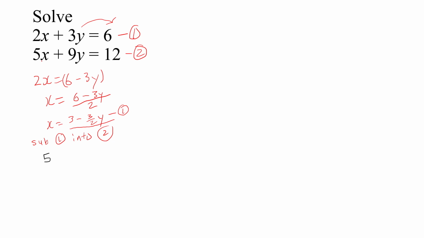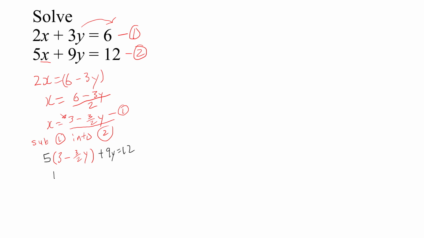So instead of writing x here, I write the equivalent. So remember to bracket 3 minus 3 over 2y. Then the rest of the second equation, I will write the same thing, plus 9y is equal to 12. Okay. Next, I will just have to solve the equation.